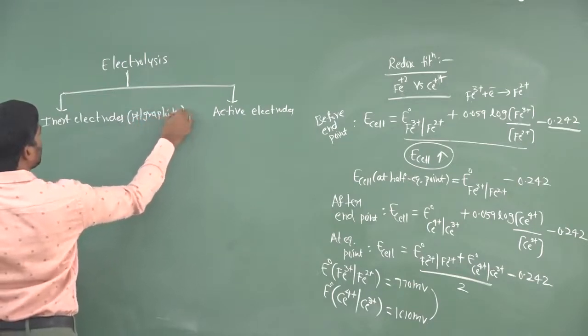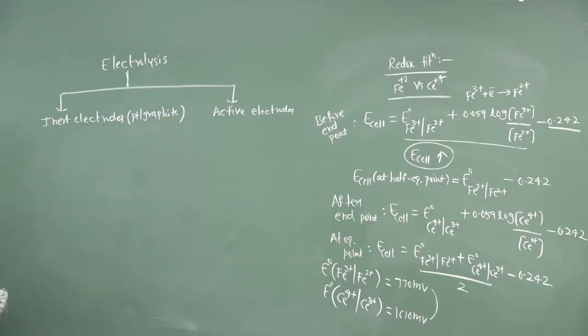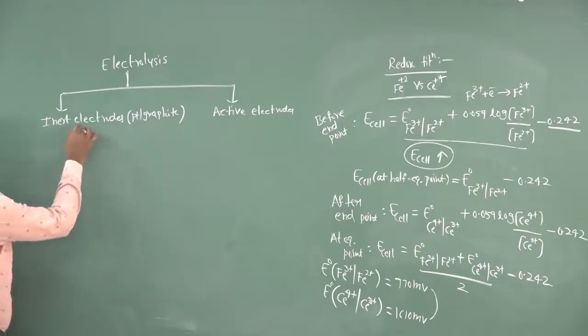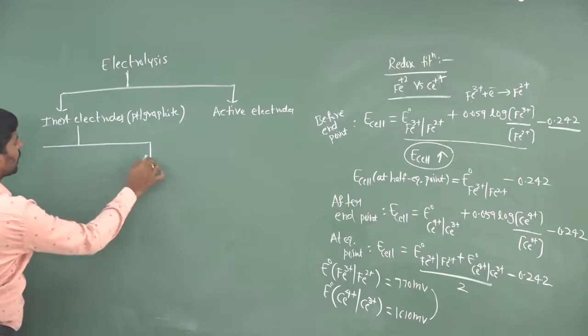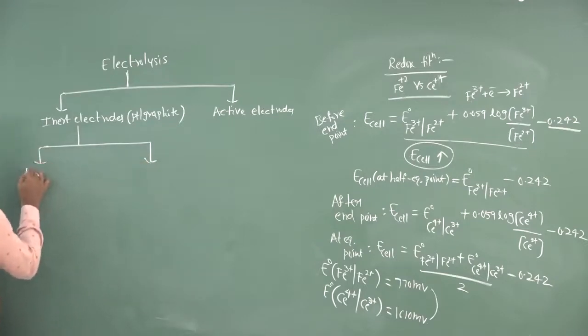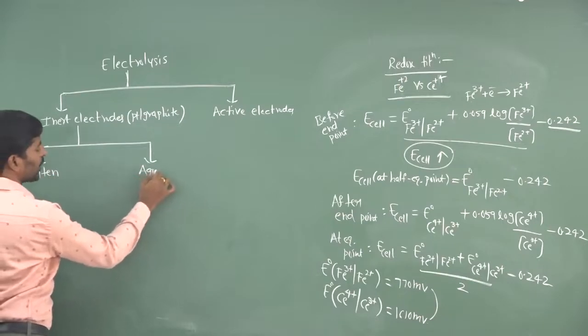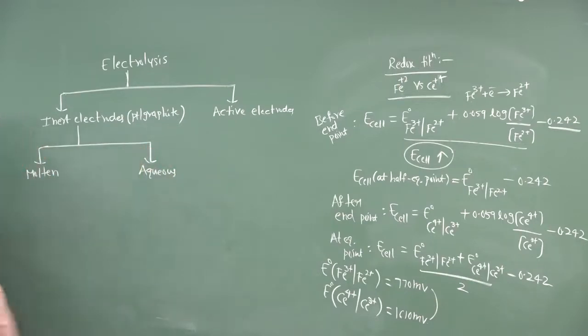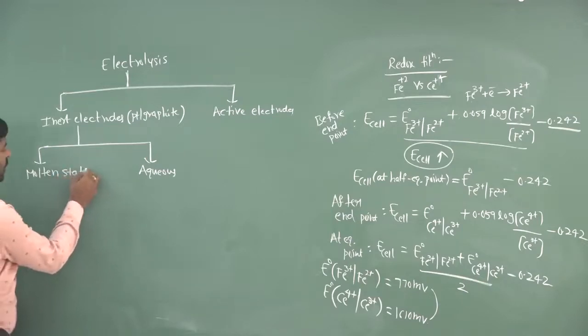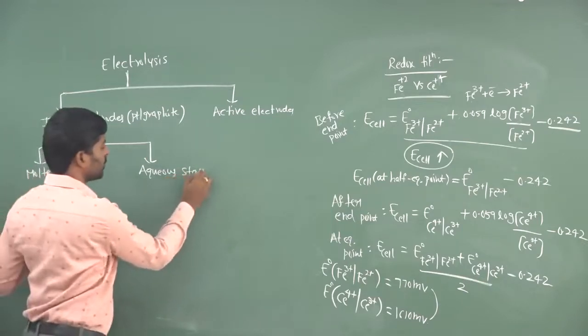We may use platinum, graphite or gold as inert electrodes. Again, by using inert electrodes, we discussed two cases. What are those two cases? One is the molten case, another one is the aqueous case. We are taking the molten state of electrolyte and the aqueous state of electrolyte.